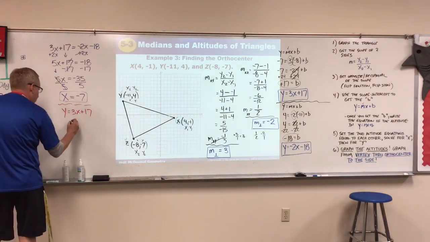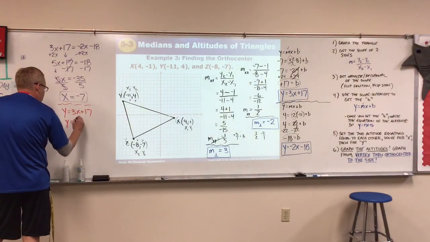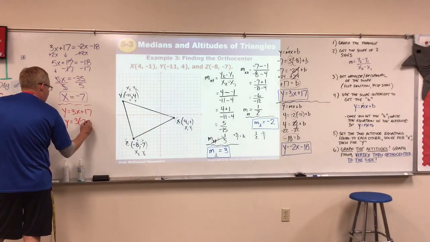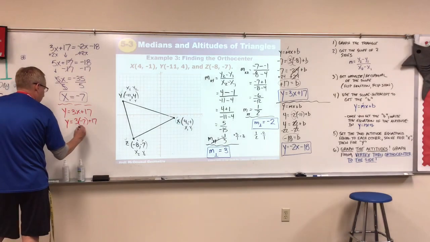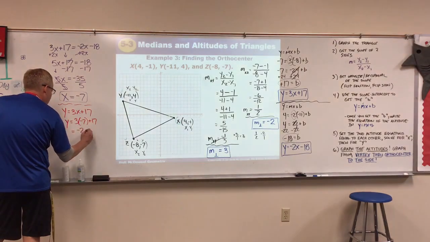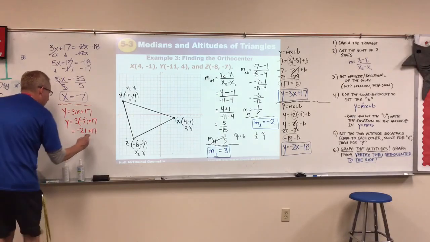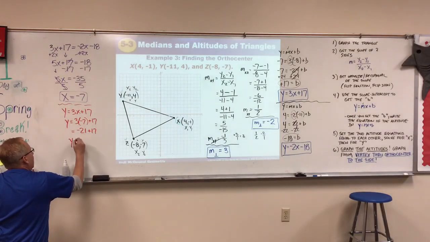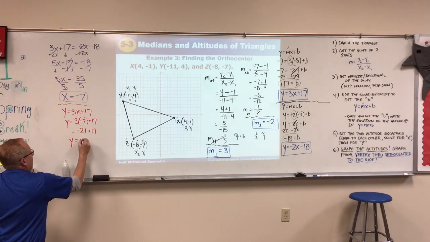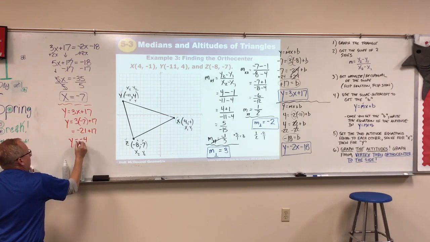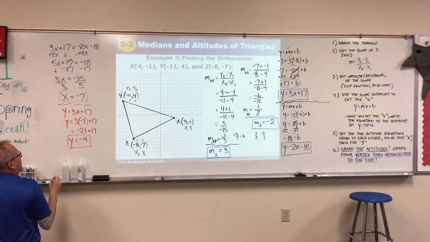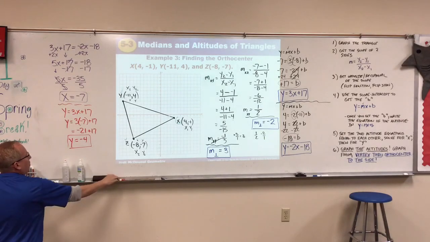That equals y equals 3 times negative 7 plus 17. That equals negative 21 plus 17. y equals negative 4. That is going to be the y value of my orthocenter.